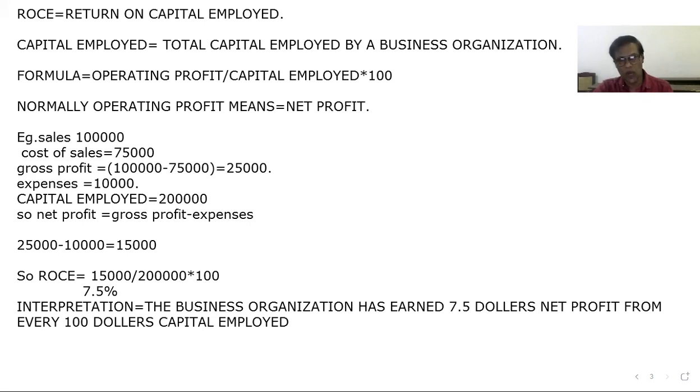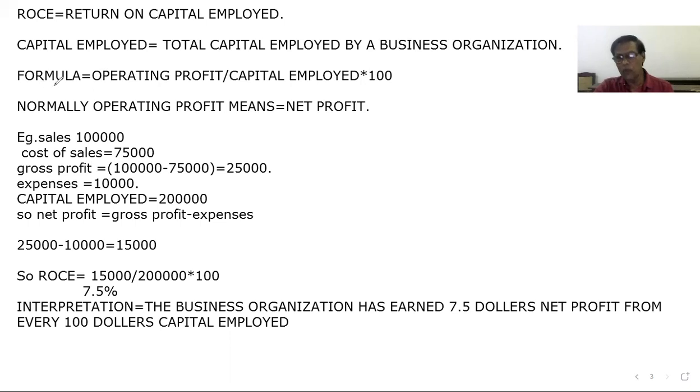When you do business, you get profit. When you take some shares from a company, you get dividends. Return on capital employed. Capital employed means how you are investing some money to get some return.